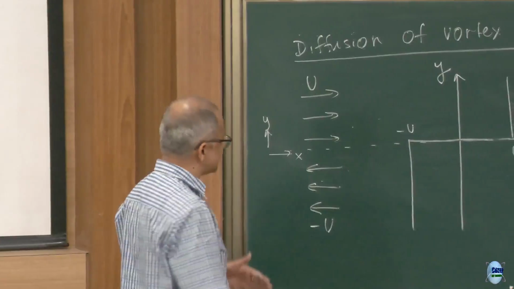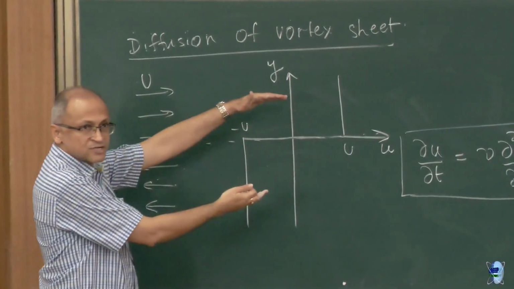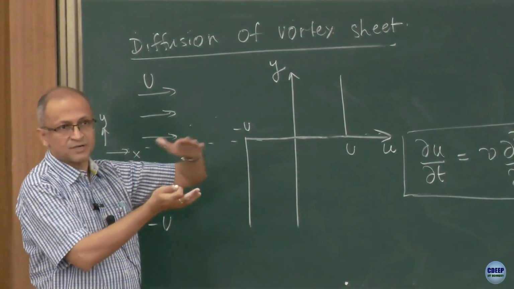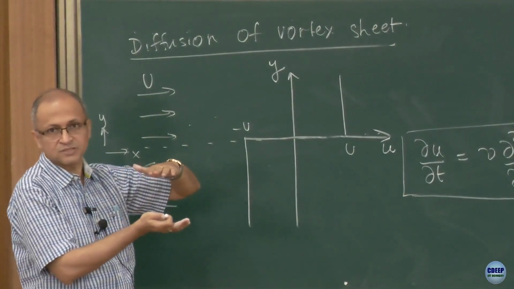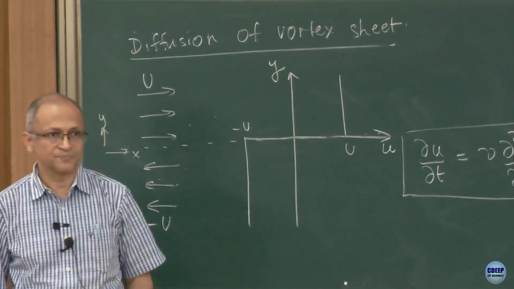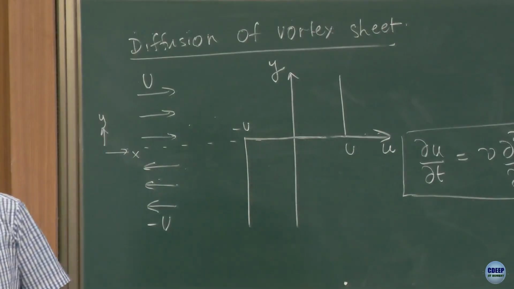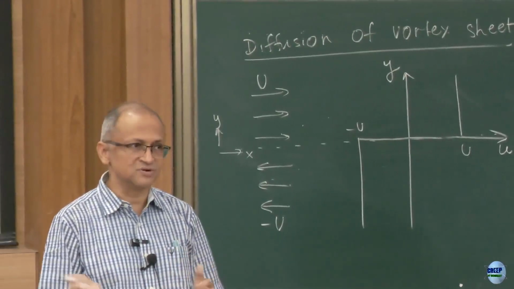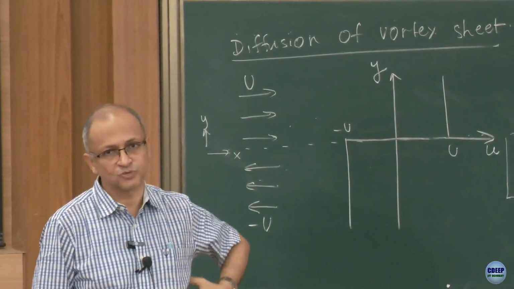So you can think of that there are fluids which are moving in the two directions, two sides. Suddenly I remove the plate. Now the fluids are still moving in the same opposite directions, and we would now like to see how exactly this diffusion is going to happen. So again, how to do this experiment? It's not that straightforward. These are always tricky experiments because you have to think about what you are doing.